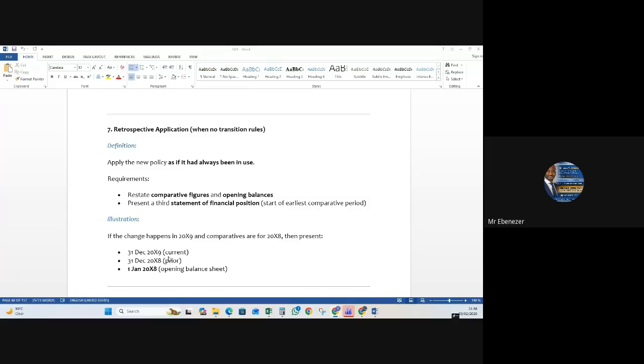This year, I want to go into accrual basis. That last year's statement, I need to prepare it again using accrual basis. Now, the one I will prepare again using the accrual basis will form my opening statement of financial position. So that's it.